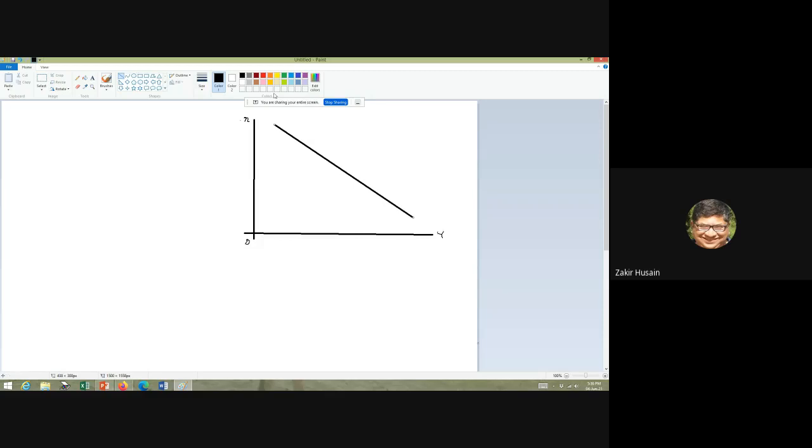So let us say that we have a demand curve for money, and remember that MD is equal to L(y, R).